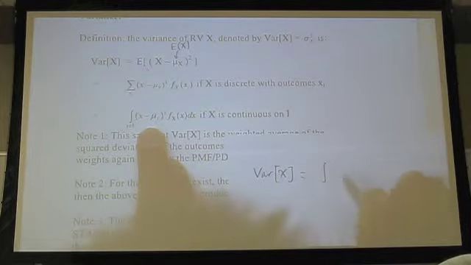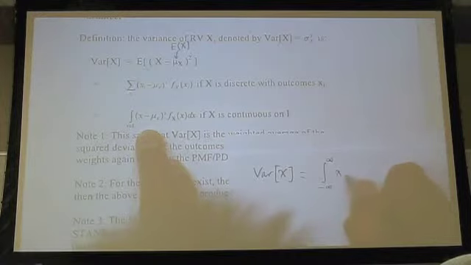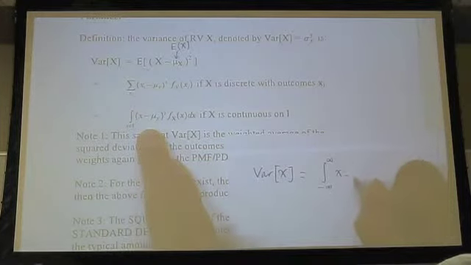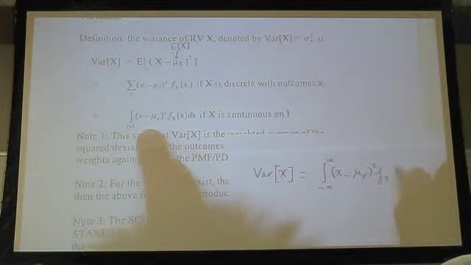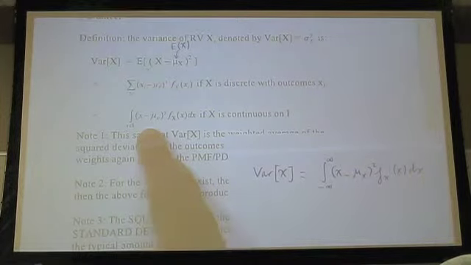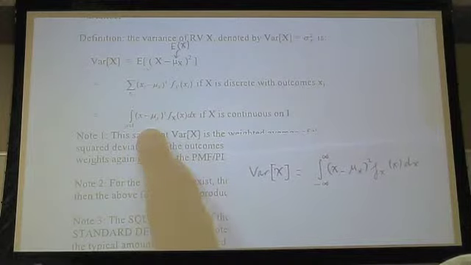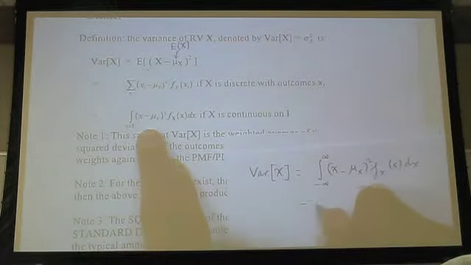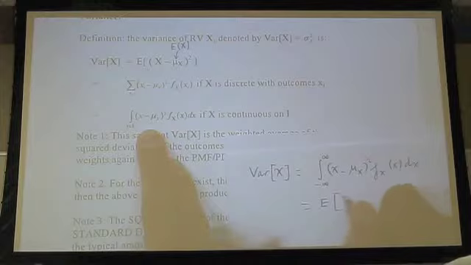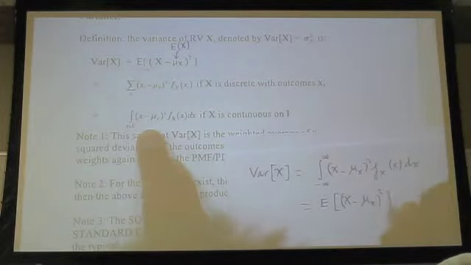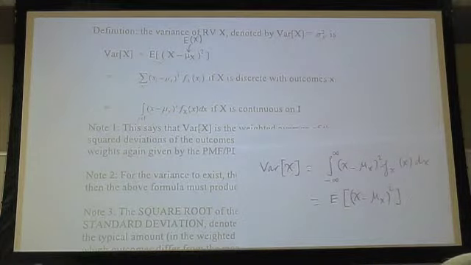By definition, this is the integral from negative infinity to infinity of x minus mu sub x, squared, times f sub x of x dx. Which is the same thing as E, the expected value of x minus mu sub x, the whole thing squared. Right? So far so good? I just used the definition of the variance. Right?